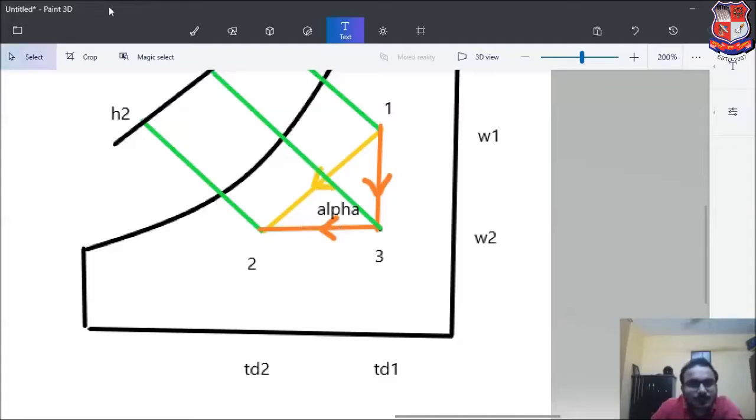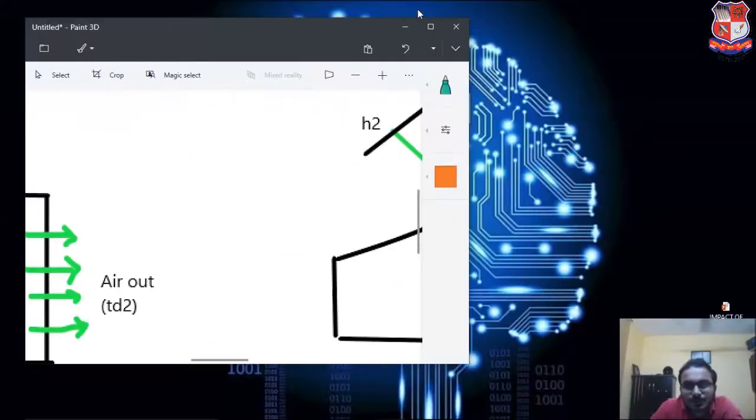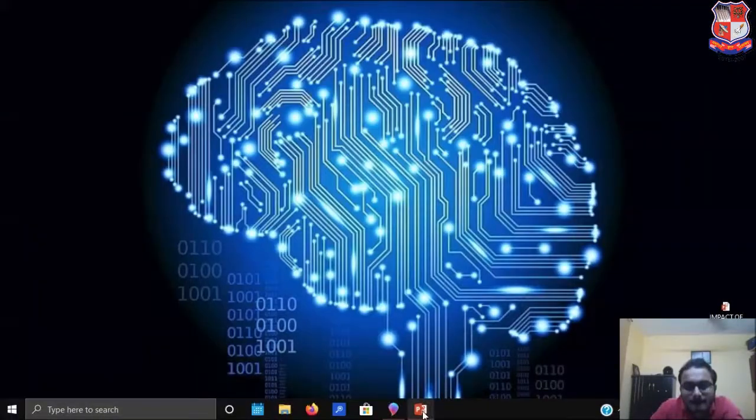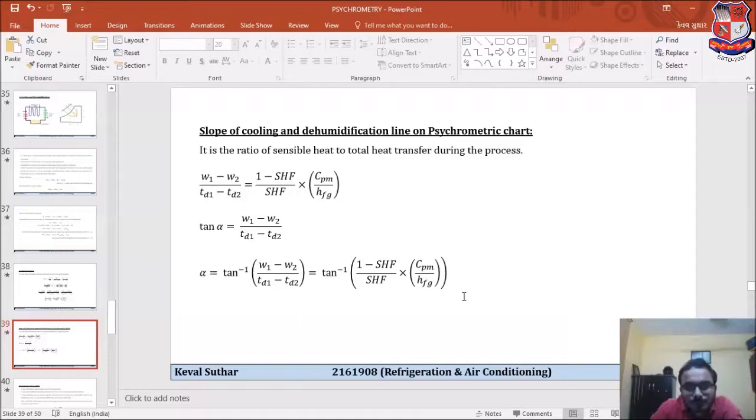So this will be alpha, that is this angle. So if you see, tan alpha will be W1 minus W2 divided by TD1 minus TD2.